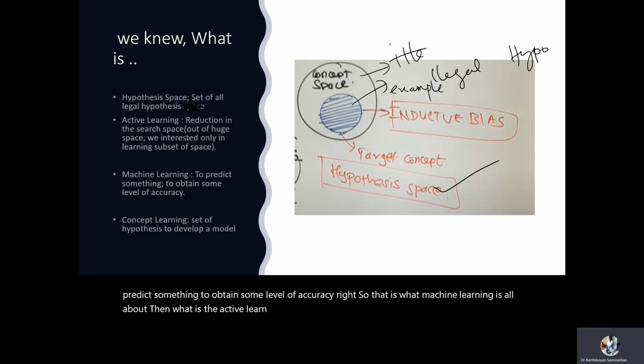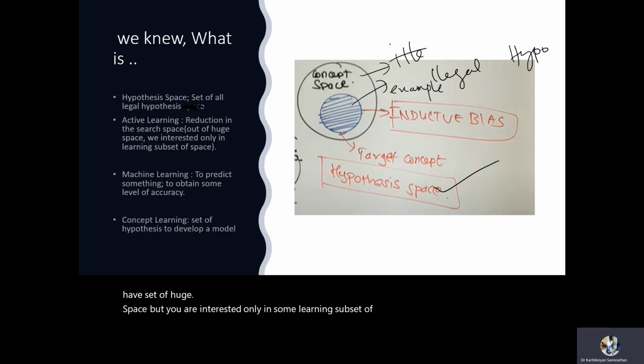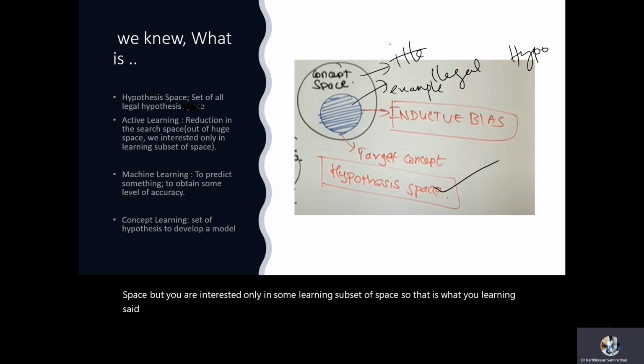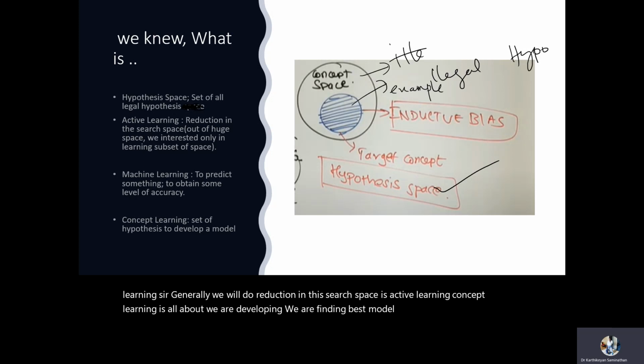Active learning is when you have a huge space, but you are interested only in some subset of the space. Generally we do reduction in this search space, which is active learning. Concept learning is all about finding the best model from the set of hypotheses. That is what concept learning is all about, right?